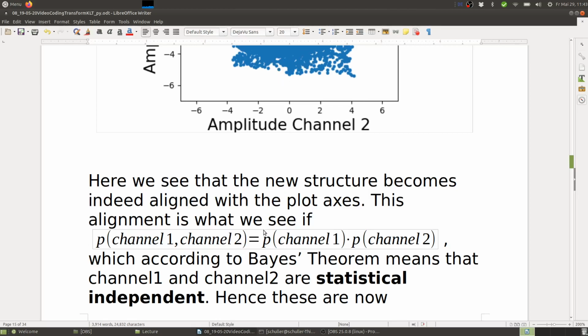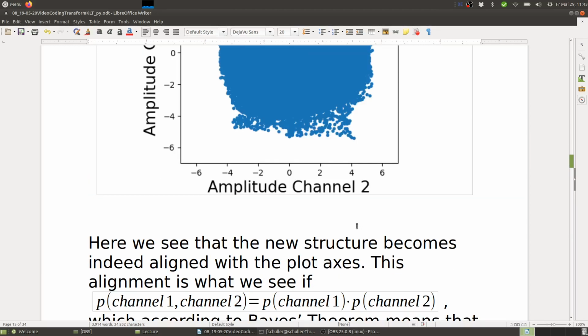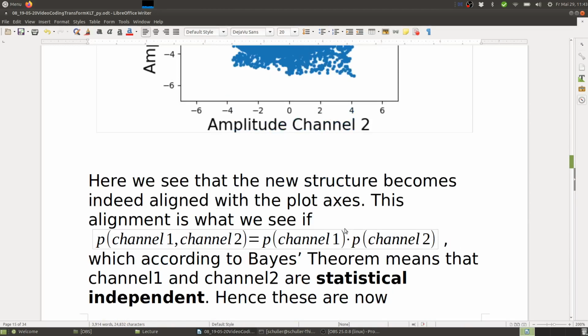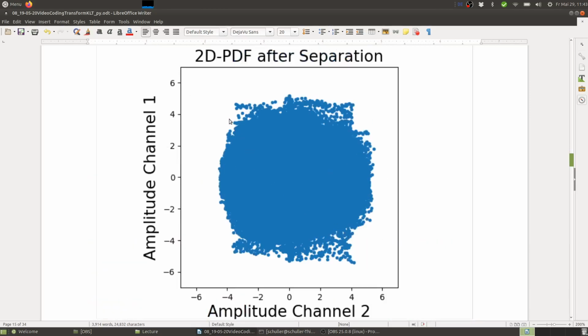And this can be written as the PDF of just channel 1 times the PDF of just channel 2, right? So if we have this equality, if it can be written separately as the product of those two one-dimensional functions, then it must align with those axes. Otherwise, if there's some diagonal structure, there would be some dependence.